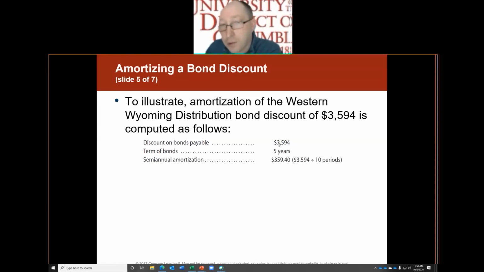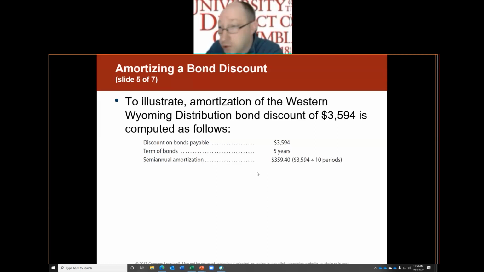So we take the discount amount divided by the number of periods throughout the life of the bond, which gives us a semi-annual amortization of $359.40.